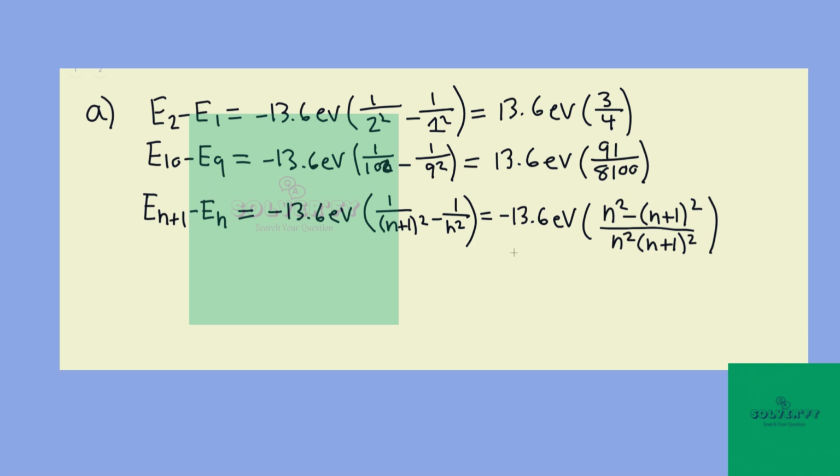So if we consider very large n, for large n, we can say that n plus 1 is approximately n, because if n is some very, very large number, then 1 compared to it should be very little. So we can make this approximation. Thus, delta E n, which is simply E n plus 1 minus E n, just simplifying it a bit.